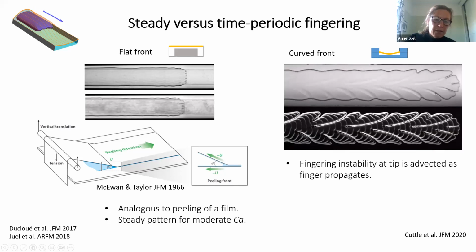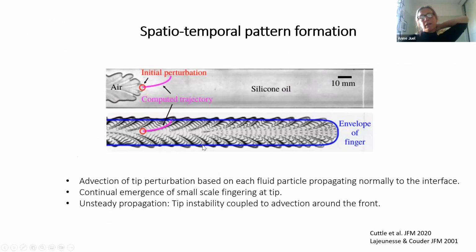You can look at that a little more closely, because you have a kinematic condition that tells you that at the interface, each fluid particle is going to propagate normally to the interface. As a result, any initial perturbation of the interface as the finger grows forward is going to be advected sideways.